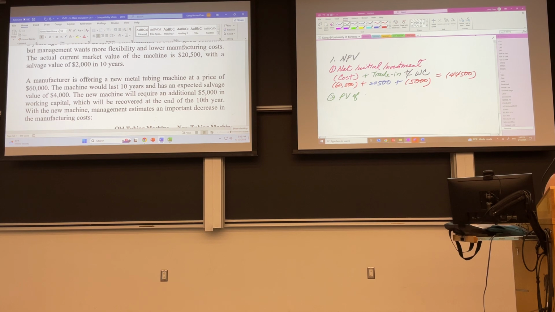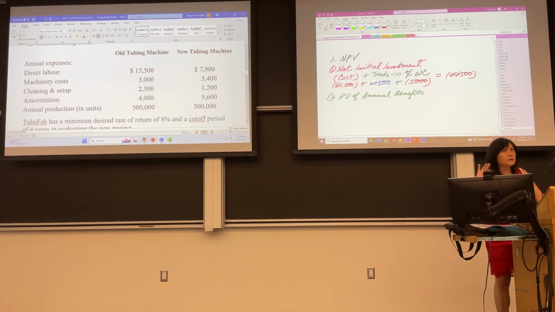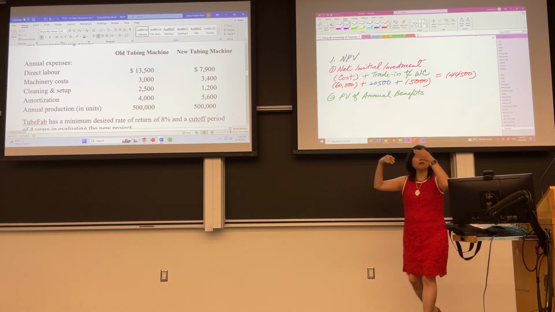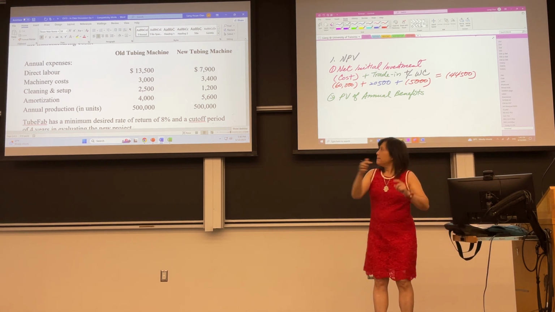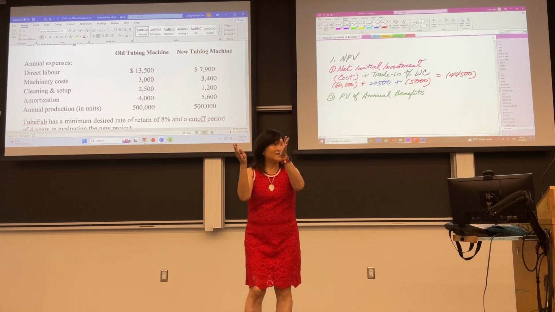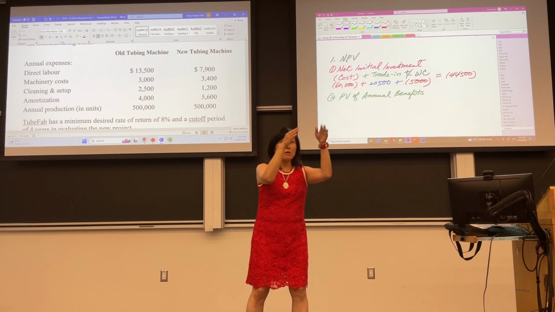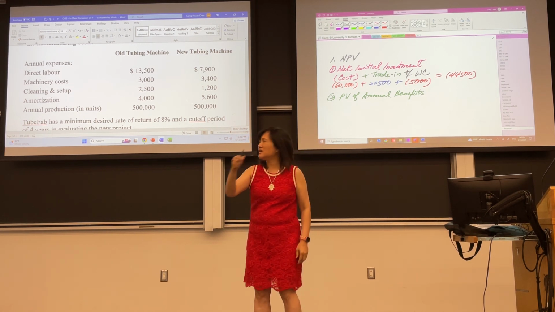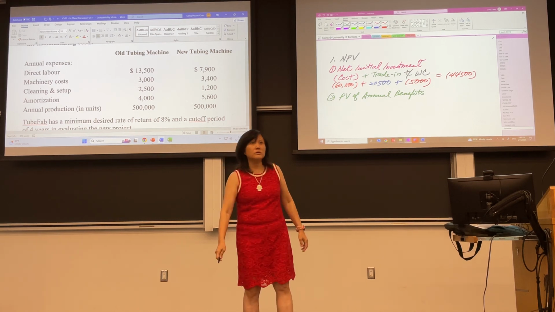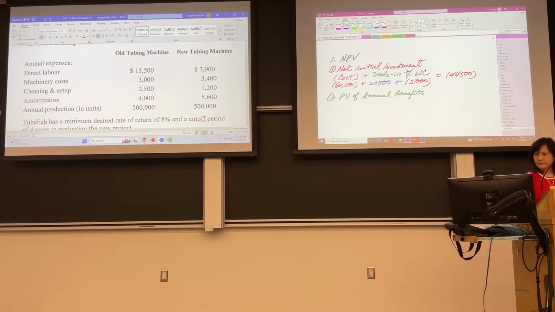Okay, number 2, present value of annual benefits. Please do not include amortization. Okay, so I take the difference. Usually I take the new minus the old. But all these are expenses, money you pay. So you take the new bracket minus the old bracket becomes positive. So I just, easier, I just use the new minus the old. Okay. So I'm sorry, old minus the new. Okay, so old minus the new because both are expenses.